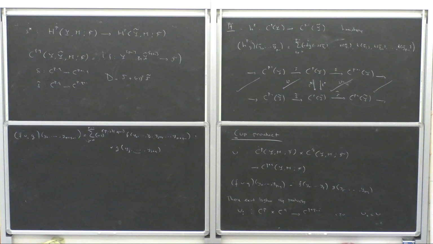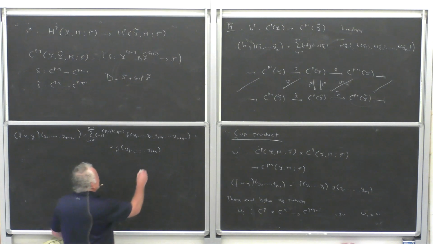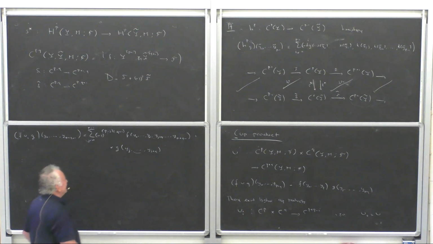Can you read the indices once again? We cannot read them, too small. Which, the indices are too small?